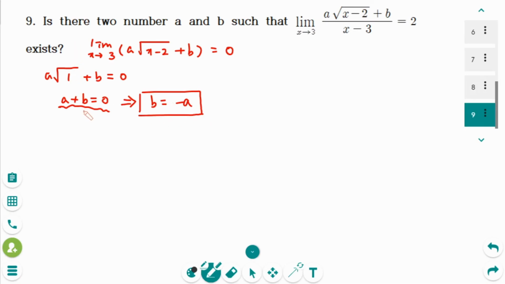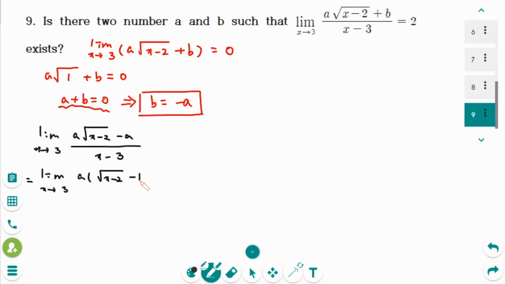Now, we will put b equals minus a into the original limit. So the limit becomes (a√(x−2) + b) over x − 3, but b equals minus a. So minus a over x − 3, and factor the numerator. Take out a: a(√(x−2) − 1) over x − 3. It is in the 0 over 0 form with the square root.